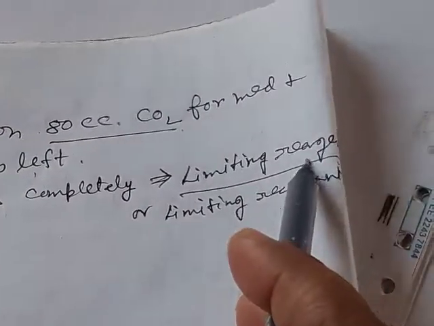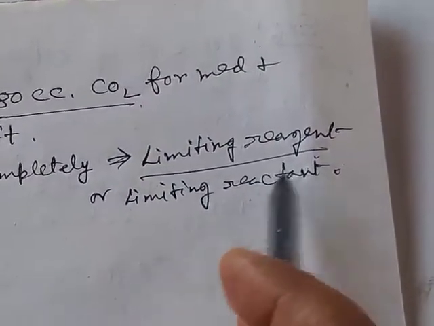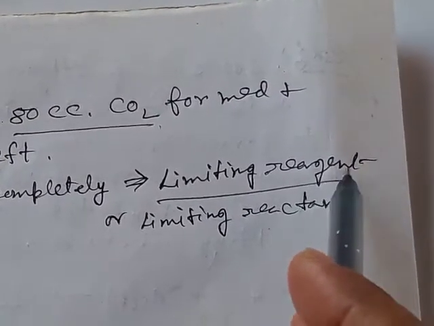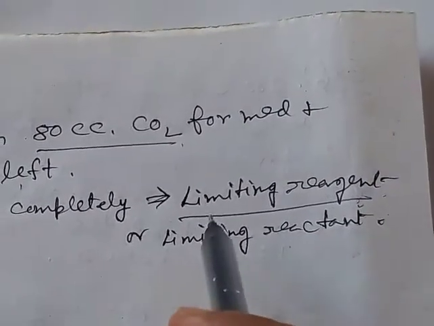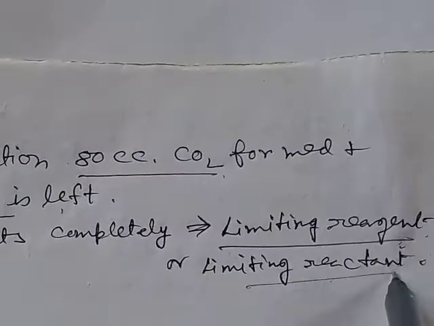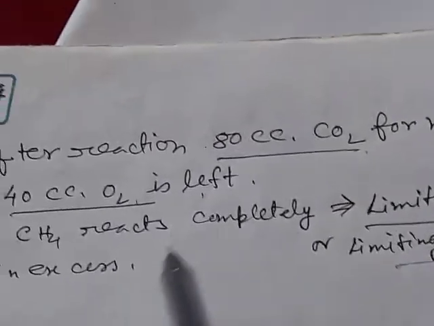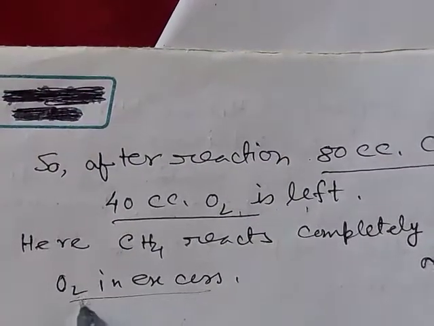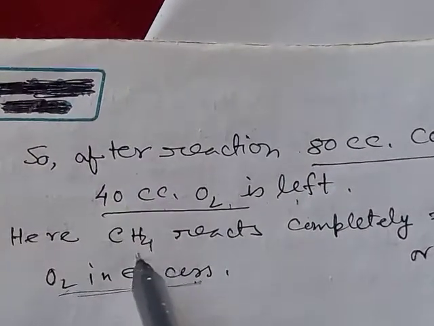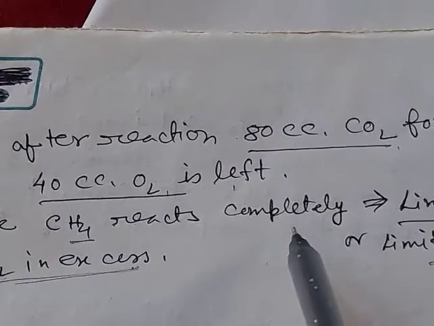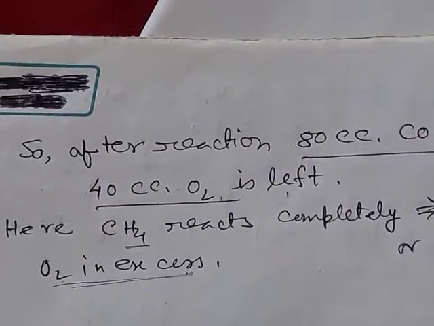This is called the limiting reagent or limiting reactant. Among the reactants, the one which is taken in less amount and totally reacted in a reaction is called the limiting reagent. The other reagent remains in excess, here oxygen remains in excess. So methane is the limiting reagent, as methane reacts completely.